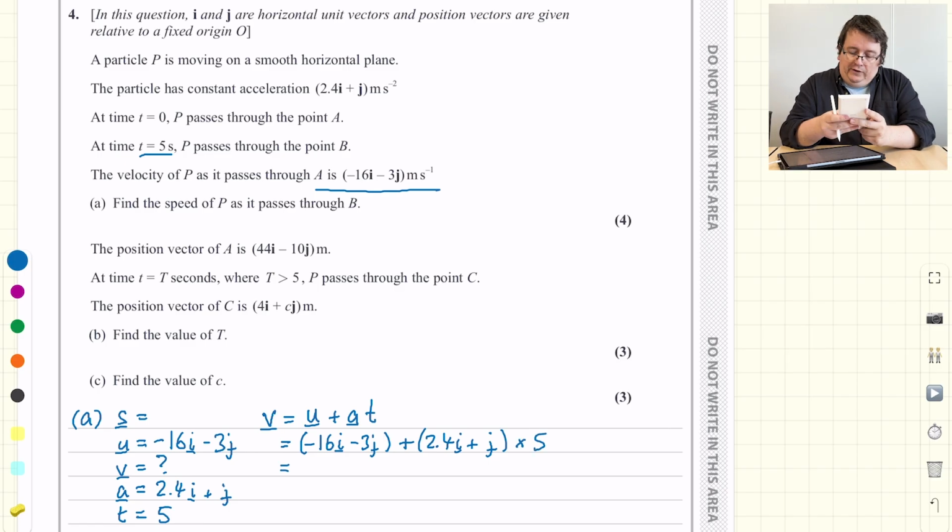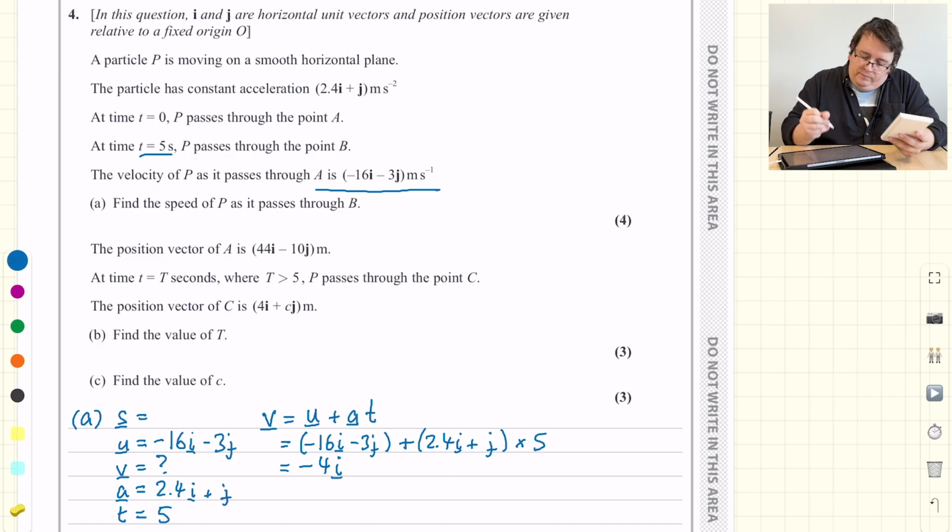So we have minus 16 plus 2.4 times 5, so minus 4i. And then we've got minus 3, plus 5, so 2, so plus 2j, and that's meters per second.